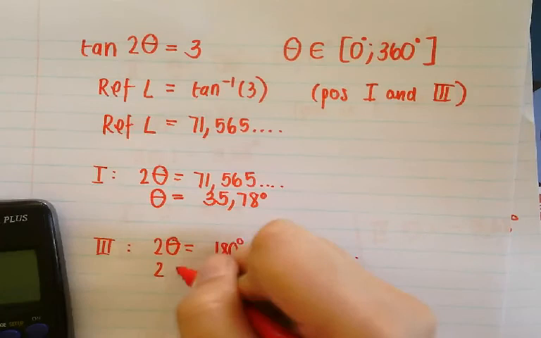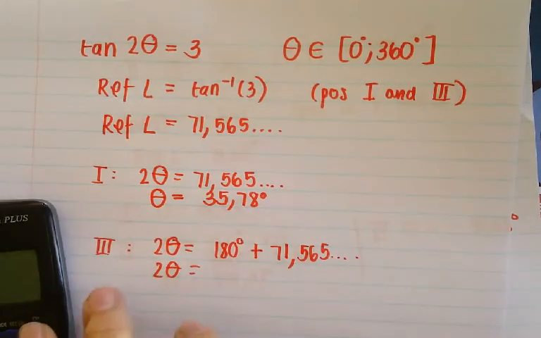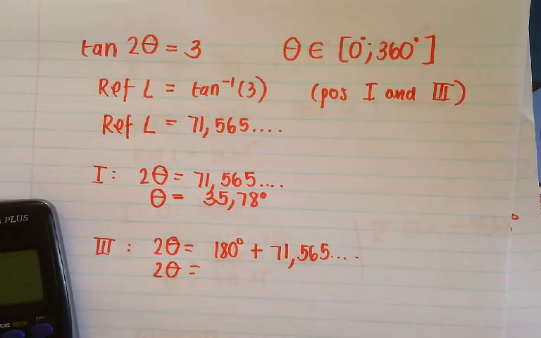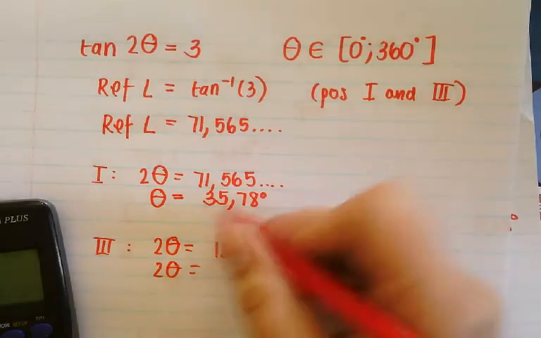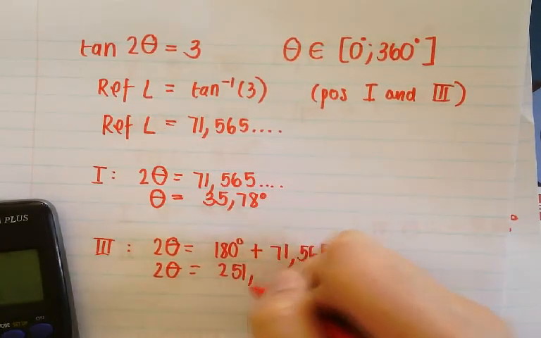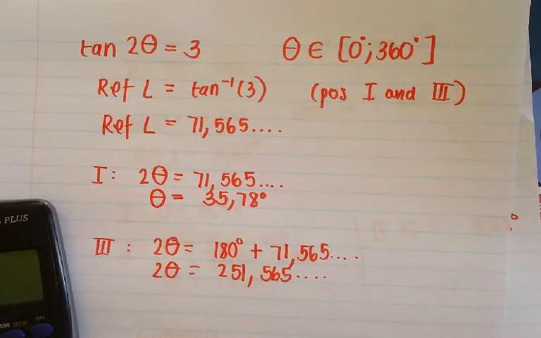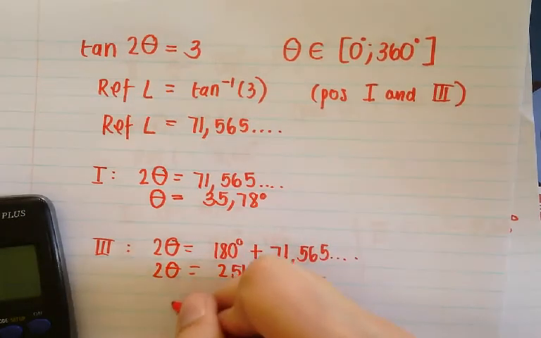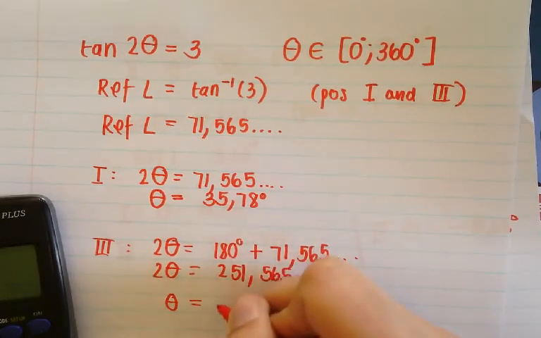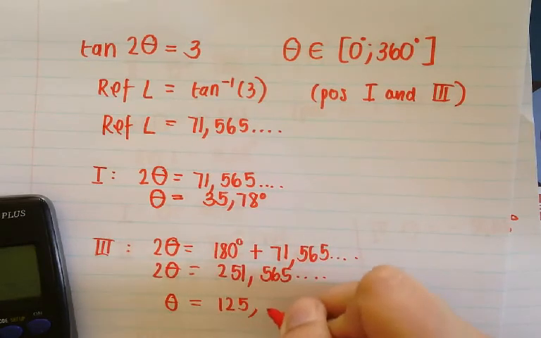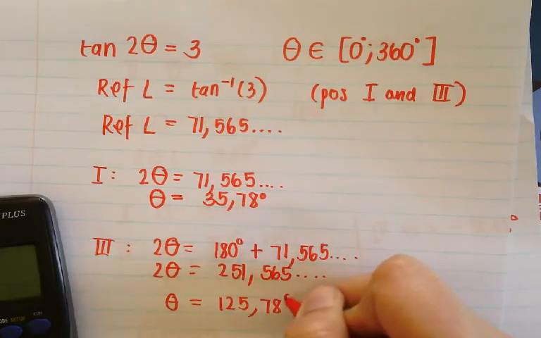So let's simplify first. So 180 plus 71.565 gives 251,565. But I don't want 2 theta, so I'm going to divide by 2. Theta equals 125,78 degrees.